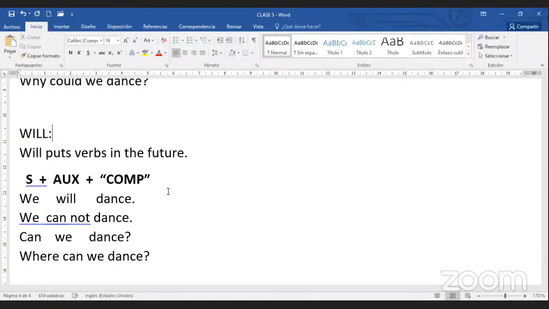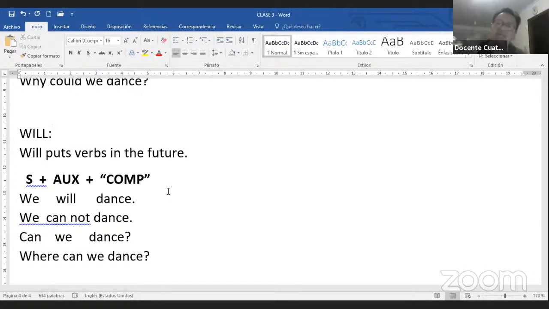Nothing. Because in Spanish, we have verbs in the future. Bailar, bailaremos. Comer, comerás. Saltar, saltarás. Robar, robará. You see, we have verbs in the future.